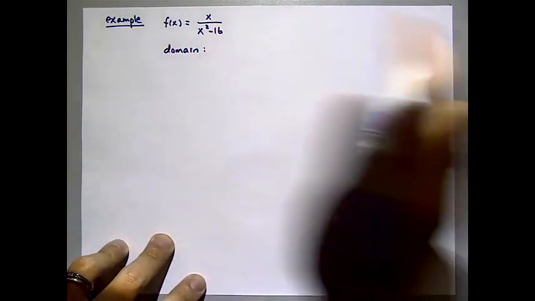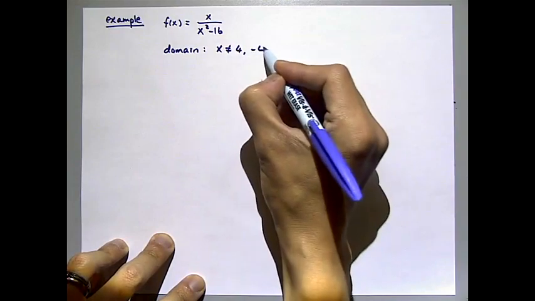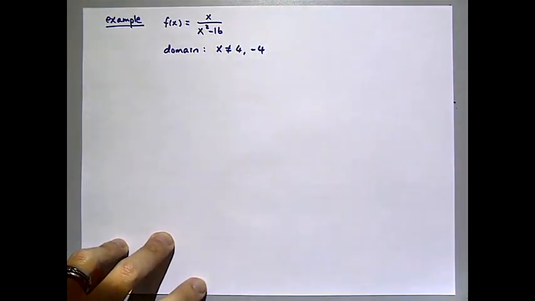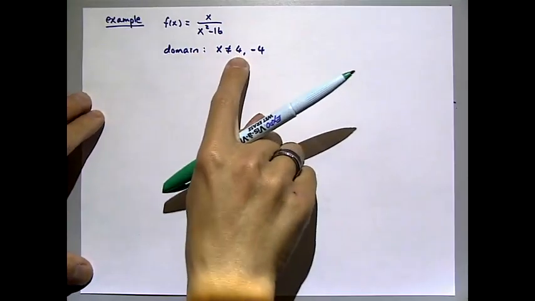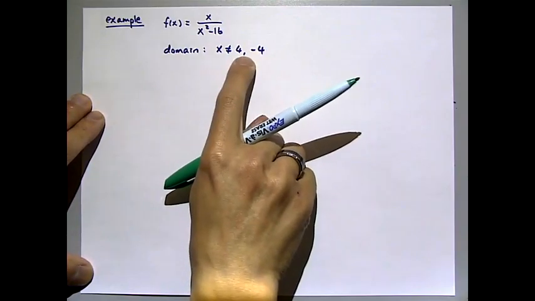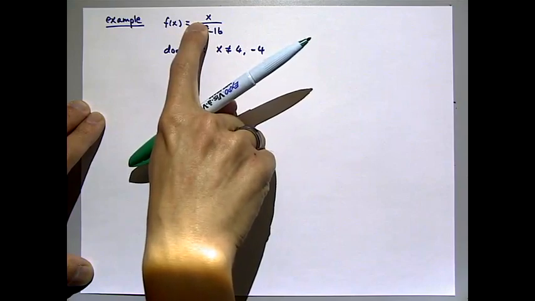Domain, obviously, cannot be 4 or negative 4, right? Now, here's where some shortcuts can actually help. Notice that when x is equal to 4 or negative 4, the denominator is 0, but the numerator is not.